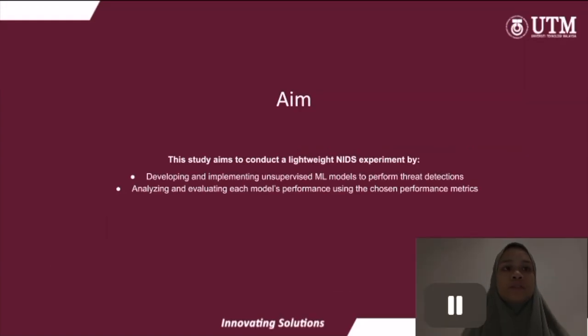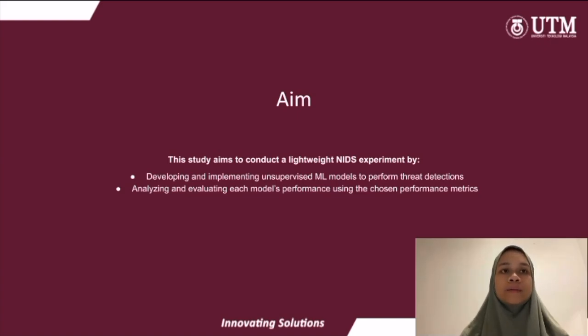This study aims to conduct a lightweight NIDS experiment by first developing and implementing unsupervised ML models, which are IF, LOF, and K-means clustering, to perform threat detection using CSE-CIC-IDS2018 and UNSW-NB15. These models are then going to be analyzed and evaluated in terms of their performance using the chosen performance metrics, which are precision, recall, F1 score, and AUC ROC.